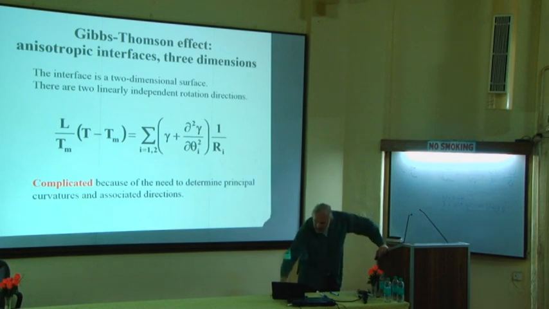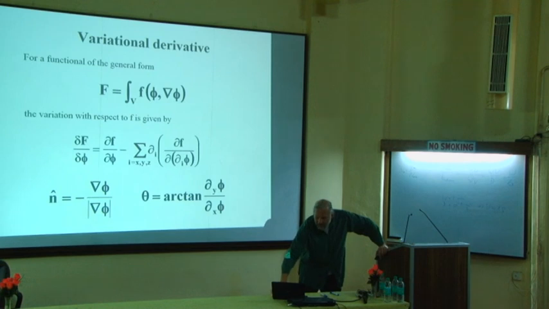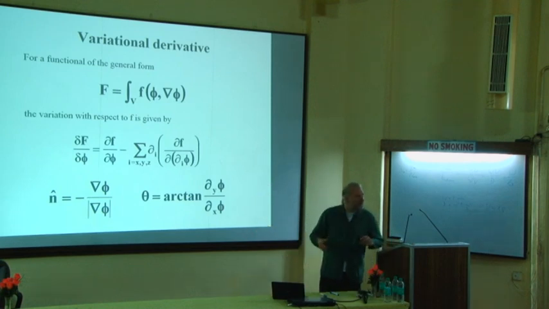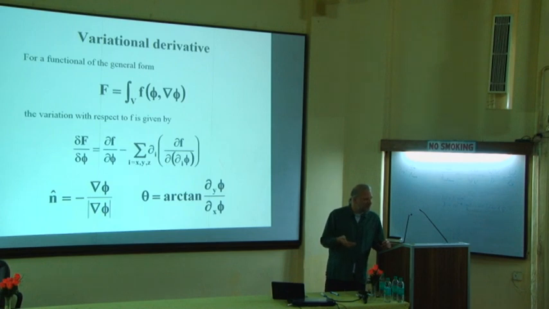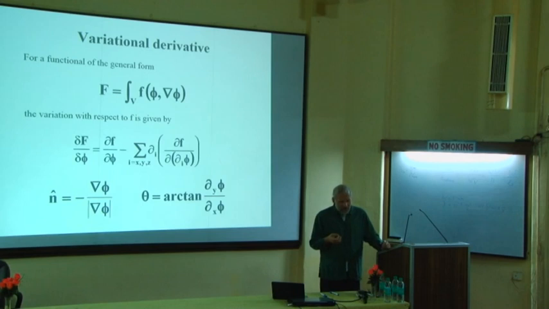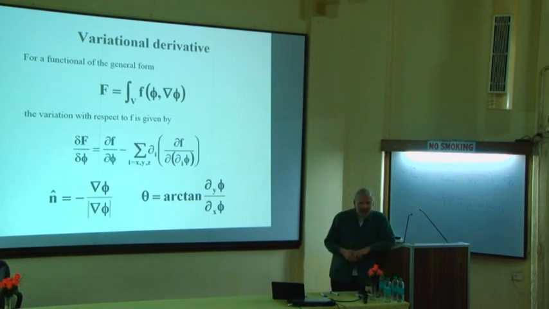That means the equation of motion for the phase field that you have to write down is maybe a little bit cumbersome, but it's far easier than to do the explicit anisotropic Gibbs-Thompson boundary condition in 3 dimensions.